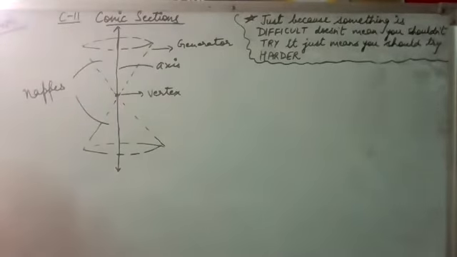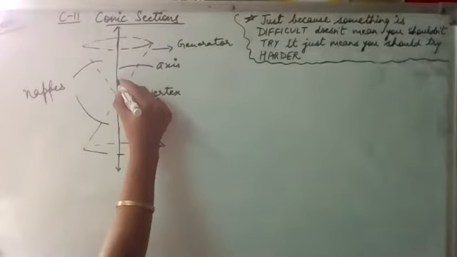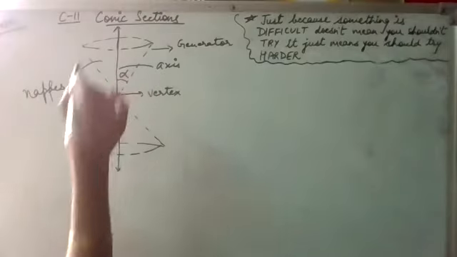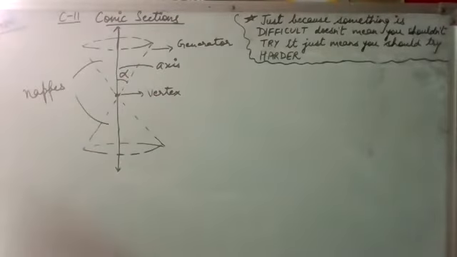And when we are talking about conic sections, let's take the angle between generator and axis as alpha. So this is all about how we are getting a cone.